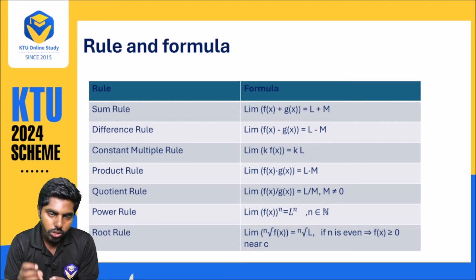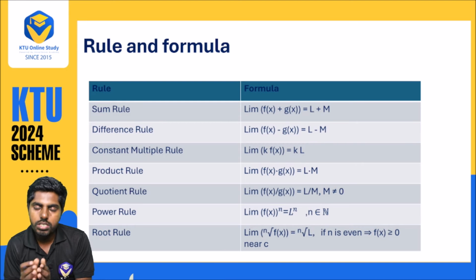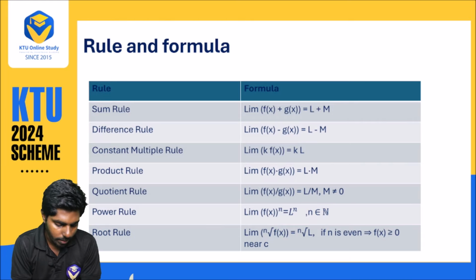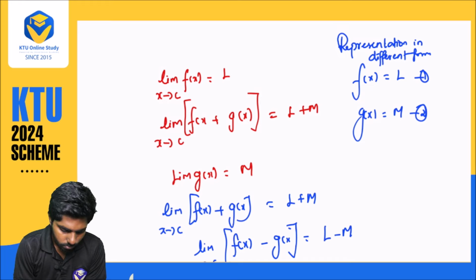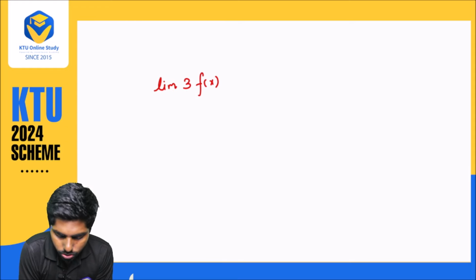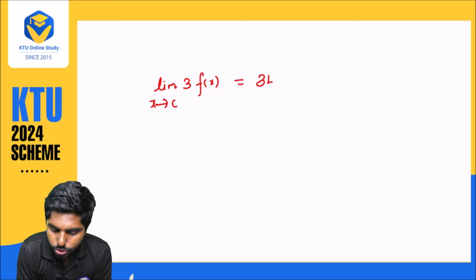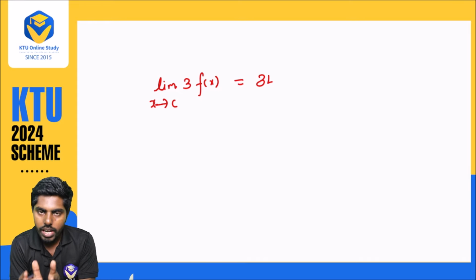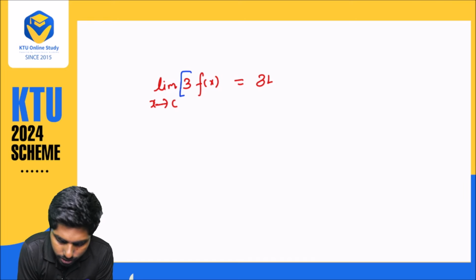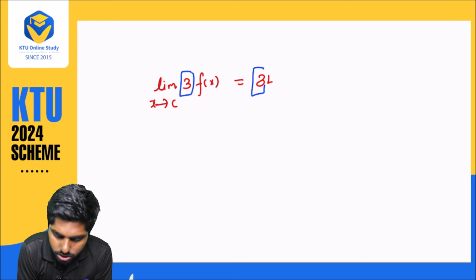Next is the constant multiple rule, which means there is a multiplication by some constant value. Example: the limit of 3 f of x as x approaches c is 3 into L, where L is the limit value. Here 3 is a constant multiple.